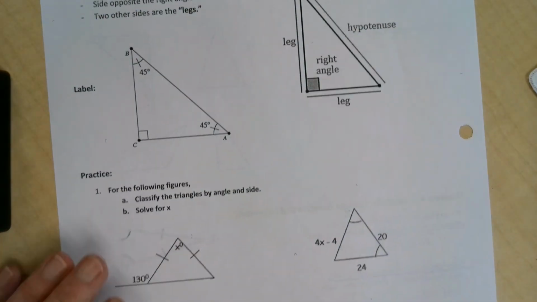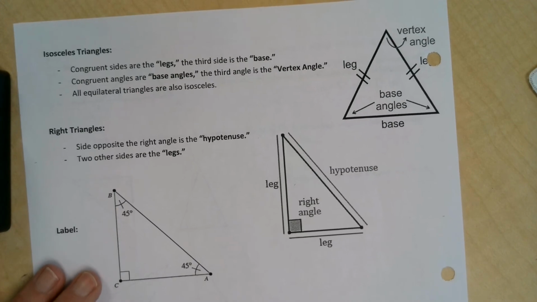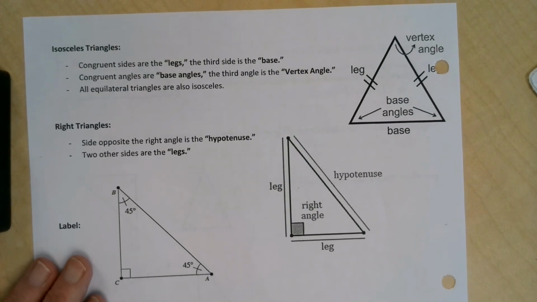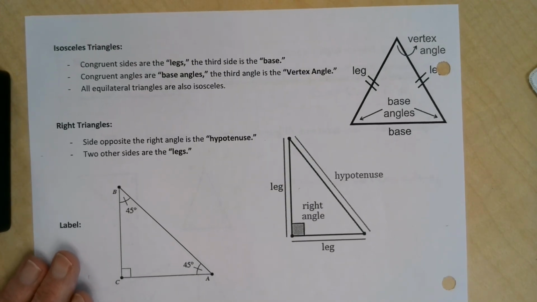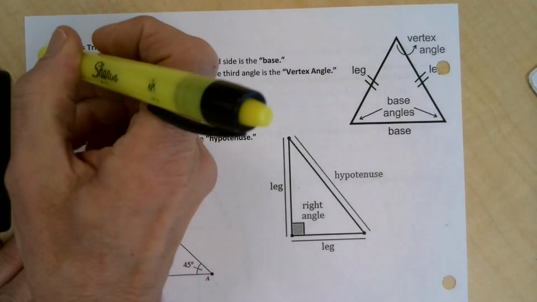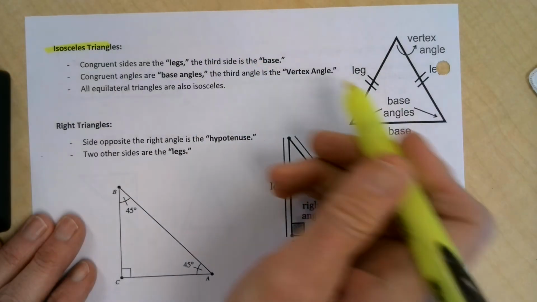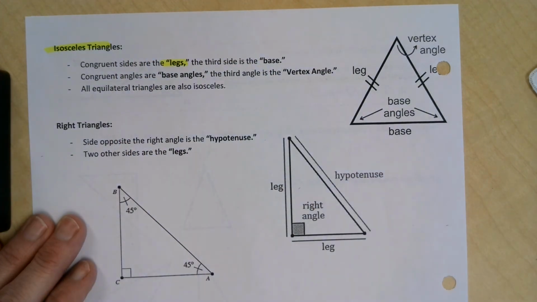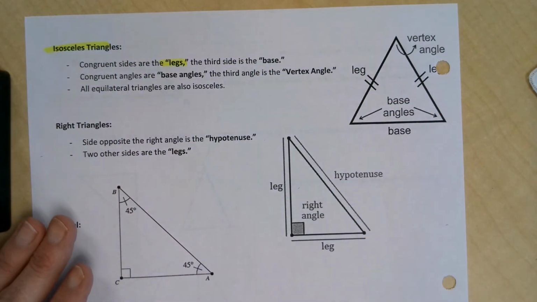All right, let's talk about some more concepts about isosceles triangles. So when we're talking about isosceles triangles, our congruent sides are going to be the legs, and the third side is the base.